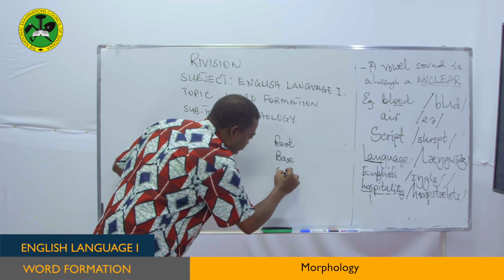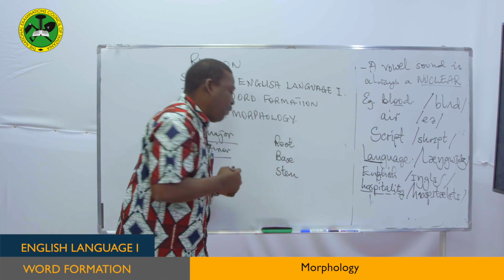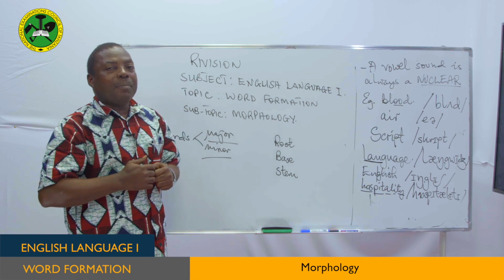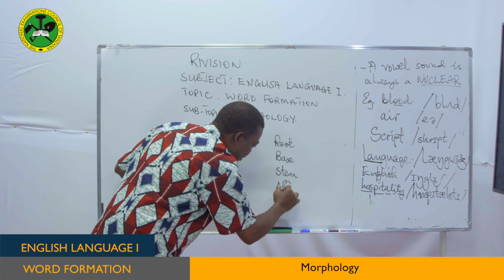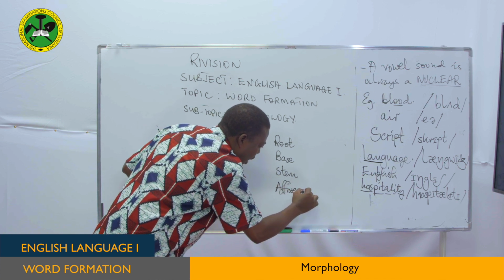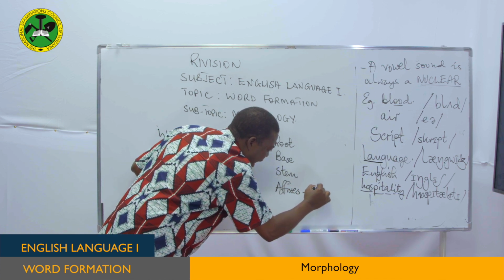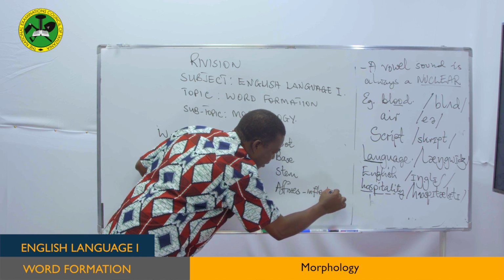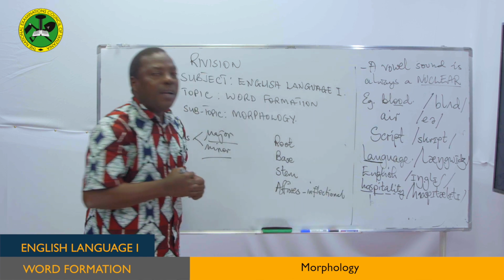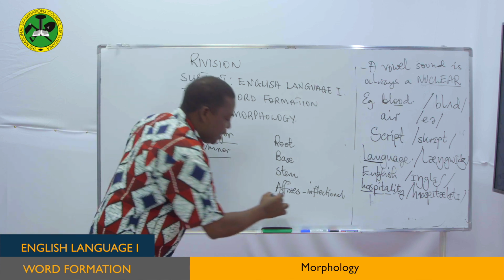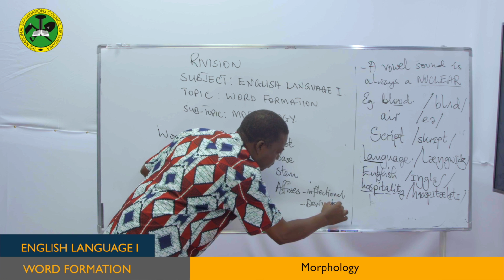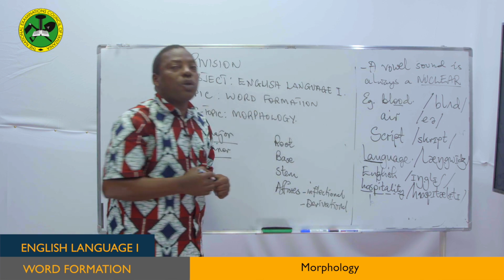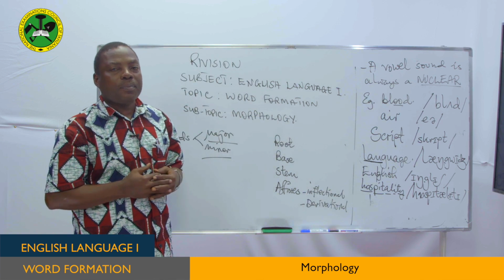I want you as well to identify the stem. I lastly want you to identify the affixes and say if they are inflectional affixes and or if they are derivational affixes.